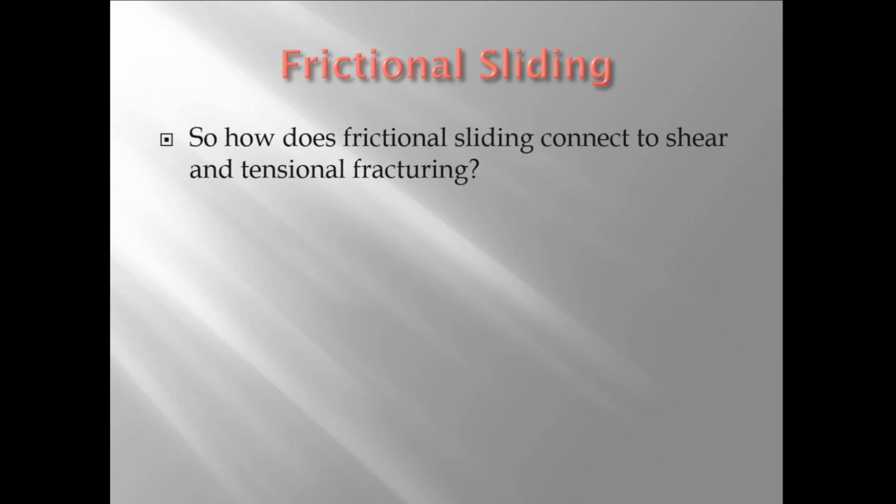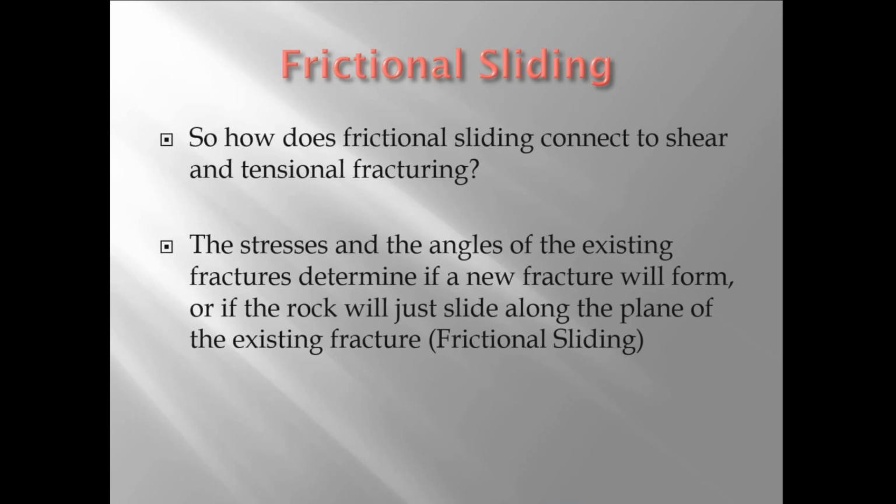So how does frictional sliding connect with the tensional fracturing? The stresses and angles involved in a fracture determine if a new fracture is going to form through tensional cracking or whether it'll just slide on an old existing crack. And the angle of those stresses is a big factor in this.